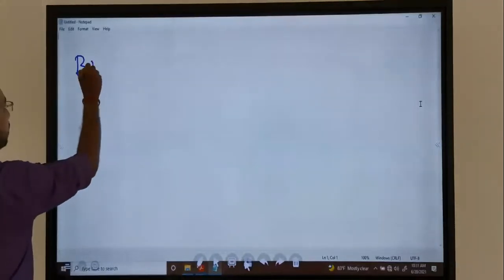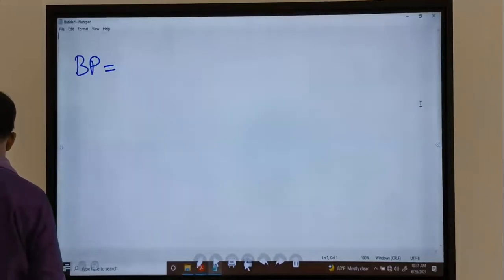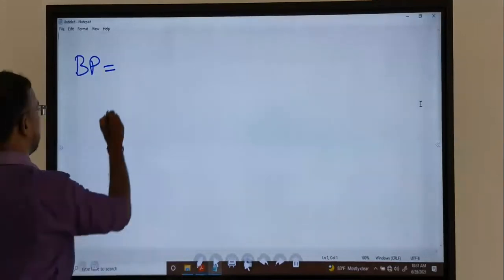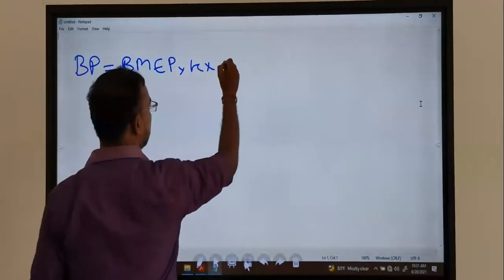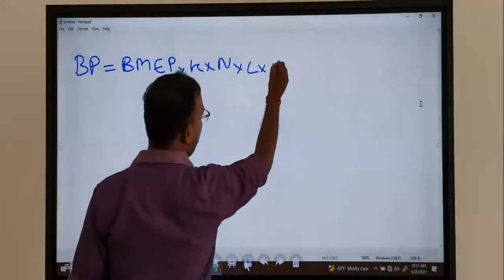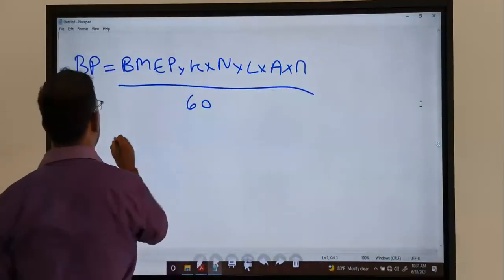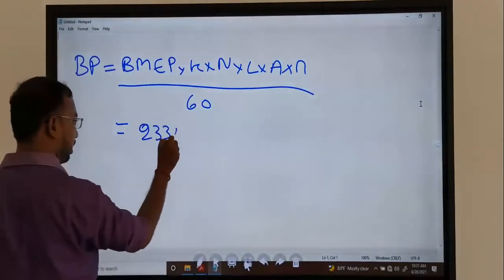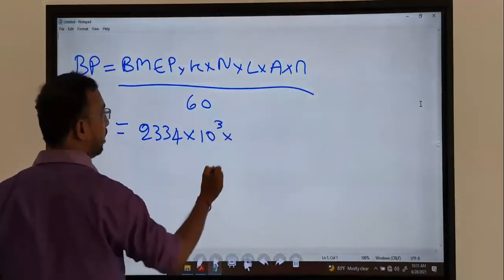Brake power is brake mean effective pressure into K into N into L into A into N over 60. So we put 2334 kilopascal, which is 10^3.